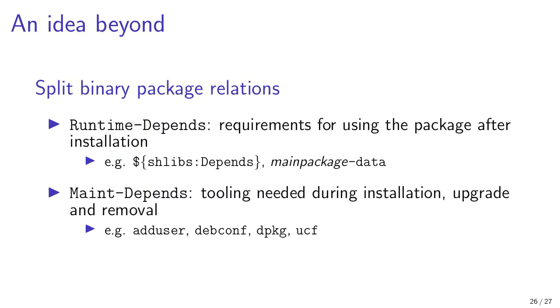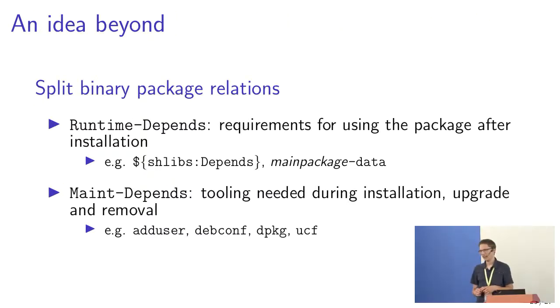And if we want to move away from this, I've had a rough idea on how to maybe make that possible. We could eventually consider splitting our notion of dependencies into a concept of runtime dependencies, which is something you need for using the package, and maintainer dependencies, which is something you need for installing, removing, or upgrading packages.